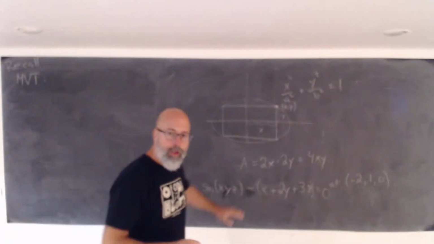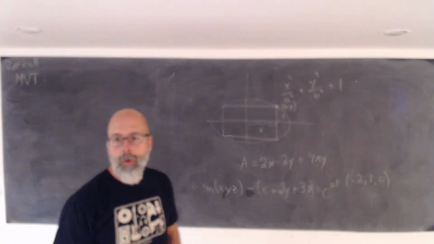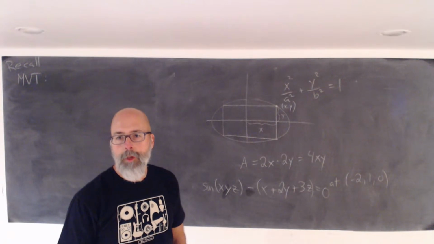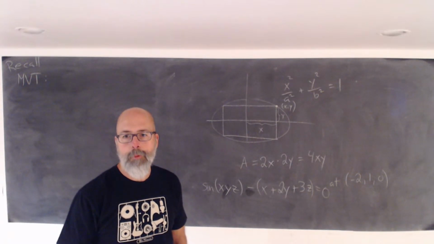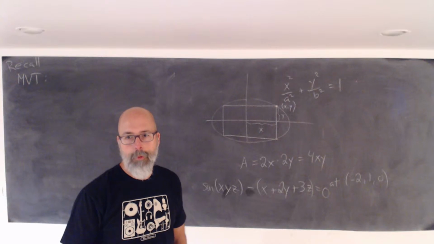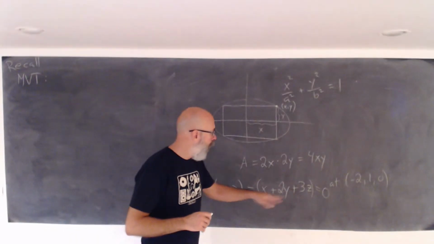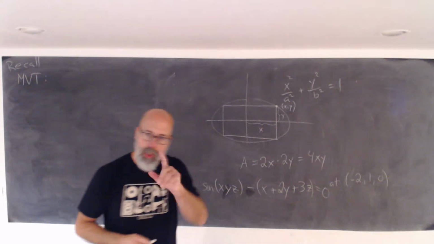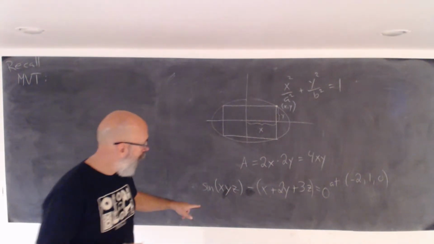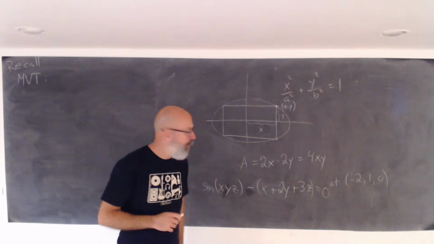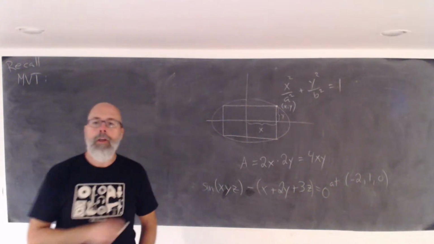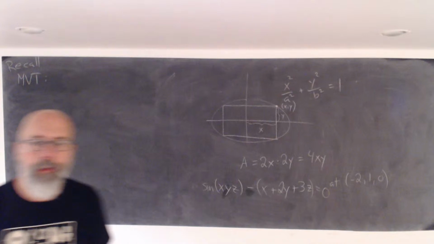Tony, absolutely. Normal line and the gradient can both be used to find the tangent. Well, I'm not sure what you mean by normal line there, but implicit differentiation or the gradient can both be used here to find the tangent plane.